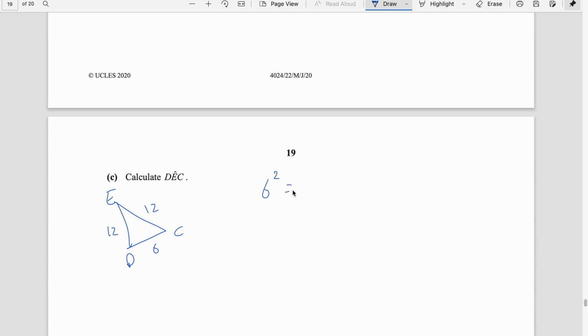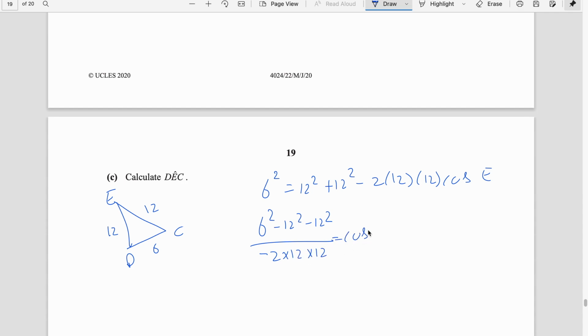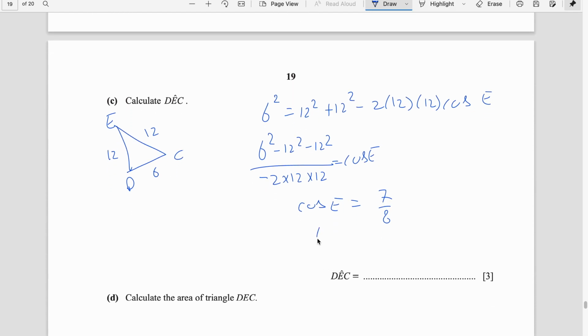So 6 squared equals 12 square plus 12 square minus 2 into 12 into 12 into cos of E. 6 square minus 12 square minus 12 square divided by minus 2 into 12 is equal to cos of E. Solving for E, cos E is equal to 7 by 8. E is equal to cos inverse of 7 by 8, which is 28.95 and 29.0 degrees up to 1 decimal place.